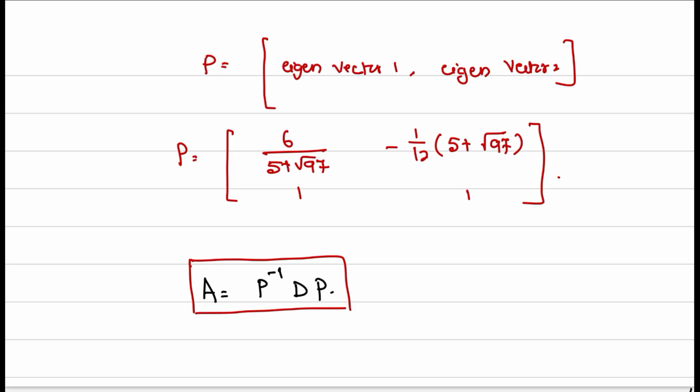D we already know: D is equal to lambda 1, 0, 0, lambda 2. Eigenvalues lambda 1 and lambda 2 we already know.